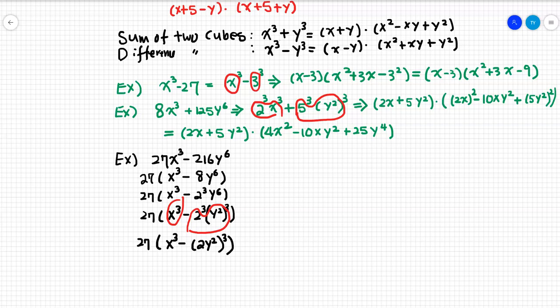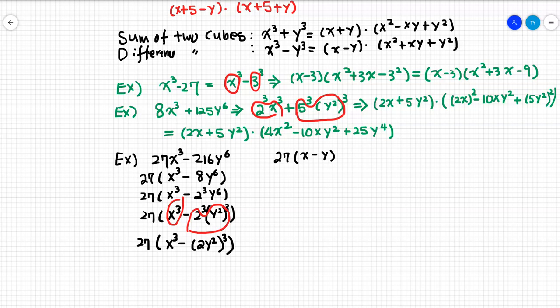Because it's a cube, you have to take the exponent outside. Now, we have x cubed minus y cubed here, so we're just going to follow the formula. So 27, and you get x minus y. That's the first one.